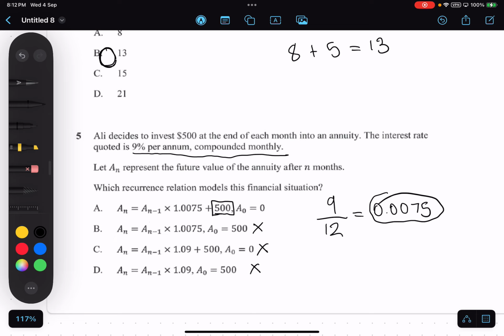So therefore, A is the answer. I'm not sure really how to explain these annuity type questions, so correct me if I'm wrong. But again, A_0 can't be 500. You only start adding the 500 in the first month.